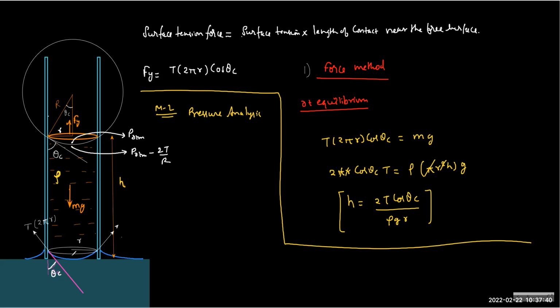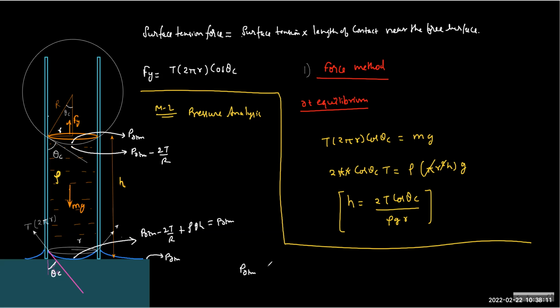Now when you go down till the bottom, the pressure will rise from P0 minus 2T by R. Because you have gone down by H, it will have extra pressure rho g h. But because this is the bottom part, the pressure at the bottom we know is again P0, which means the entire sum must be equal to P0, and that is the equation.